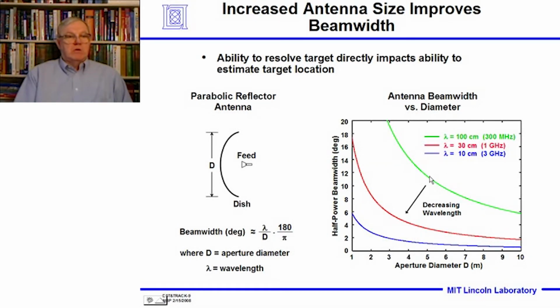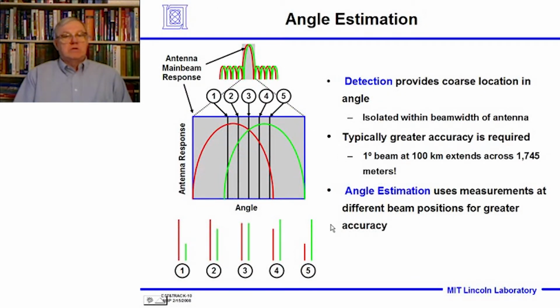But you can see that for a given antenna diameter, if you go a factor of 10 smaller in wavelength, you'll get a factor of 10 smaller in beam width. Okay? Now let's look at angular resolution in a little more detail.